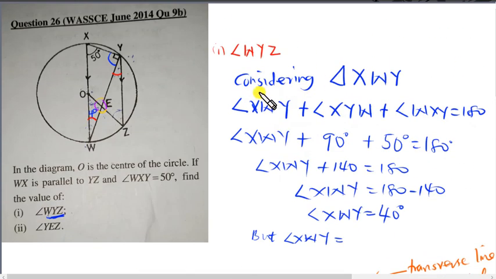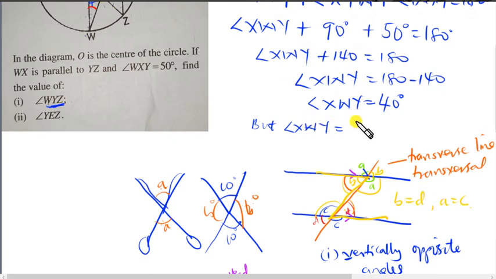From the diagram, you can see we have WYZ here. Because of these two parallel lines, these two angles alternate, and alternate angles are equal. So the angle WYZ is 40 degrees.